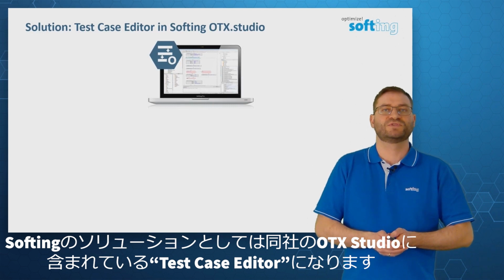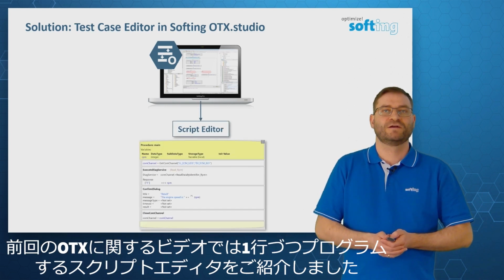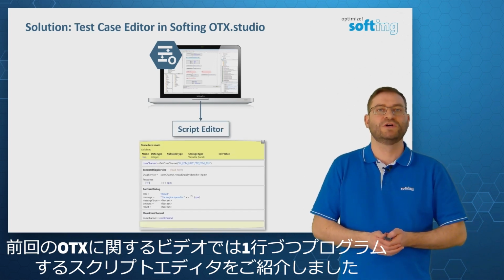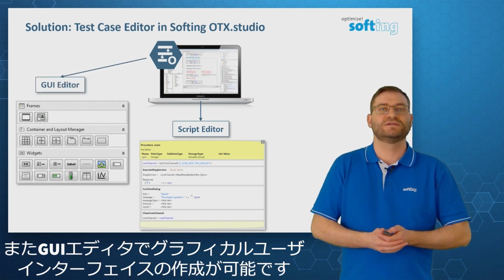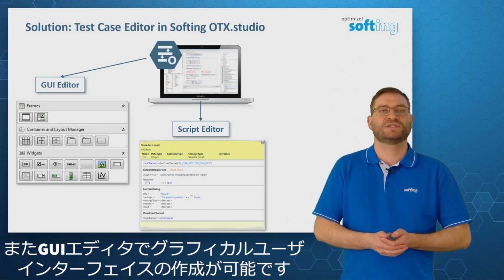Our solution from Softing side is the test case editor in OTX-Studio. From a previous video, we already know the script editor, where we program line by line. Another editor is the GUI editor, which allows us to create graphical user interfaces.